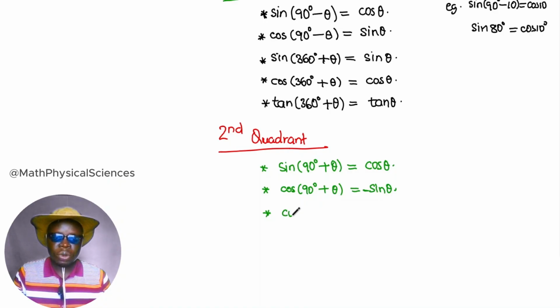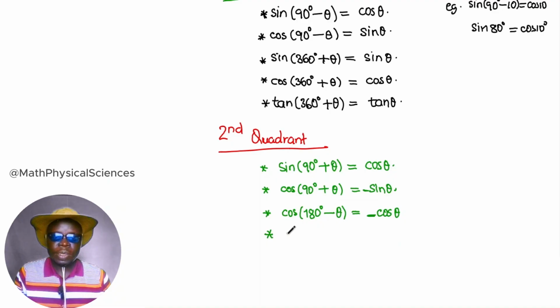Now let's move on to the next angle in our second quadrant, which is 180 degrees minus the angle theta. So here we'll have this as cos of angle theta. But remember, cos in the second quadrant is negative, so we will give this a negative sign. And let's move to sine.